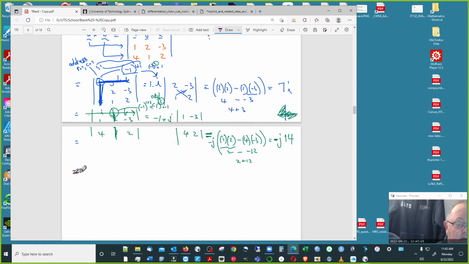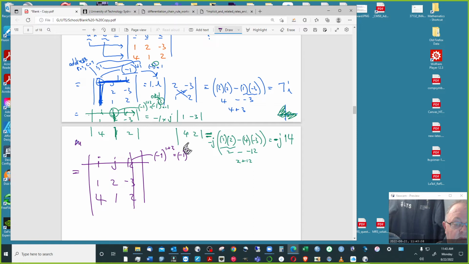The final one, I'll put it here, is i, j, k, so this time we're going across the row, but this time we're going down k. We go on our journey. Row 1, column 3. That's an even. So this is a 1. We won't even bother with that. So we're just going to put k. And our submatrix is 1, 2, 4, 1.